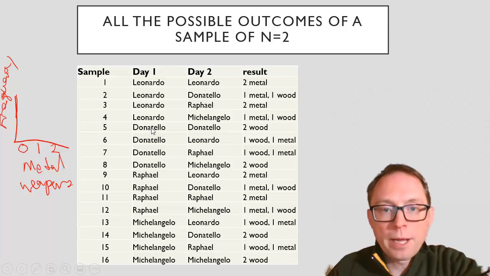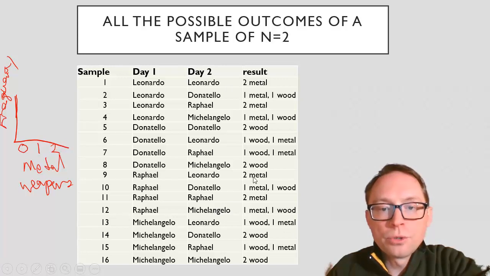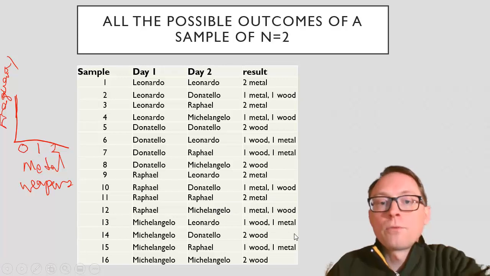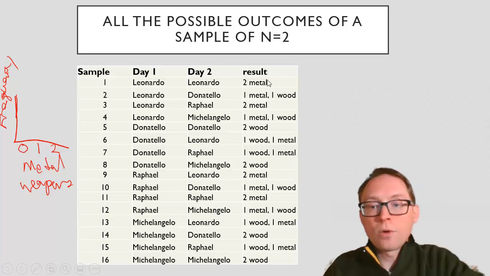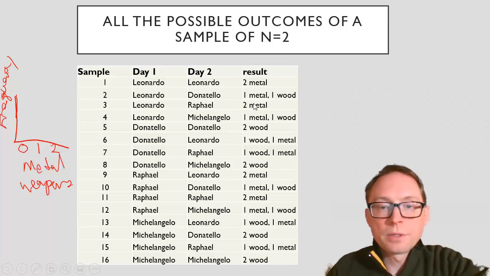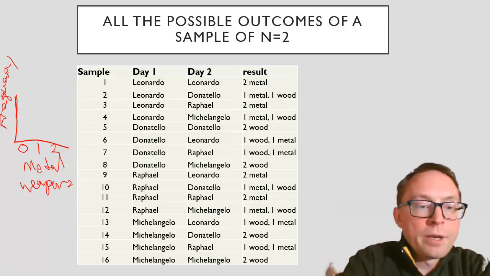All right? So let's start backwards and look at the number of 2 metal weapons. So 2 metal weapons, 1, 2, 3, 4. 4 out of 16, right? So all I was looking for is the frequency of 2 metal weapons. Here it is, 1, 2, 3, 4. The possibility of that happening, there's 4.